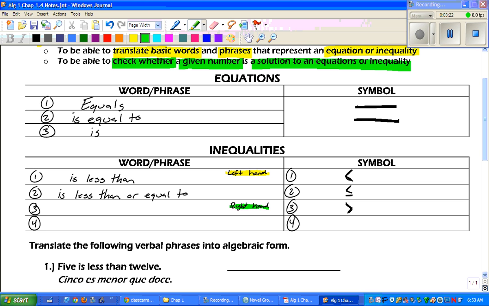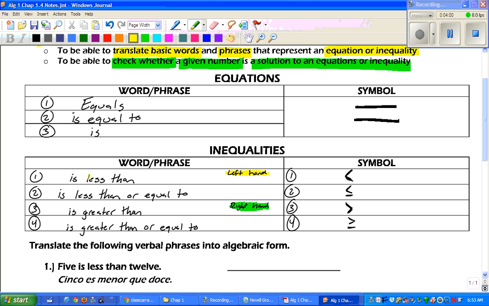So if you're trying to make that symbol once again in your hand, you can't use your left, you're using your right. That's how it looks. And that symbol is the is greater than symbol. And then the last one, once again with the little bar, you guys should know that just by looking at the patterns, but it is greater than or equal to.